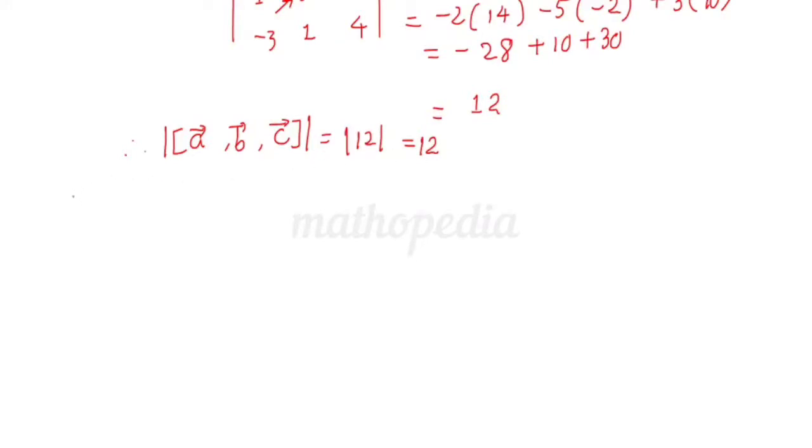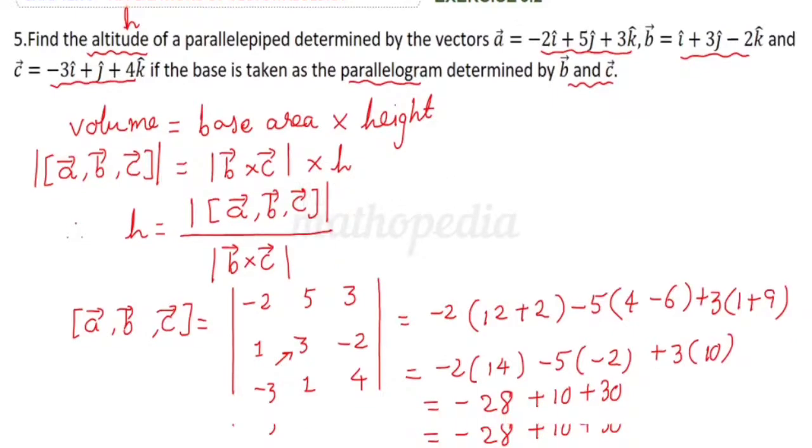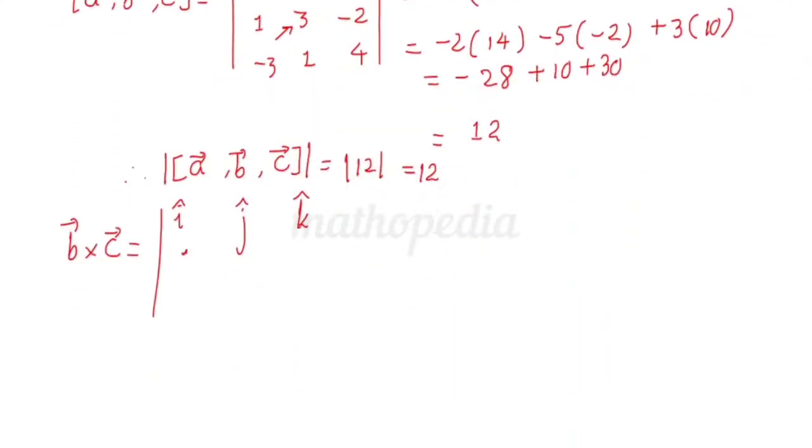Now we will find the base area, modulus b cross c. So b cross c is equal to the determinant of i vector, j vector, k vector, then the coefficients of b vector and c vector, that is 1, 3, -2, -3, 1, 4. Now expand this determinant.